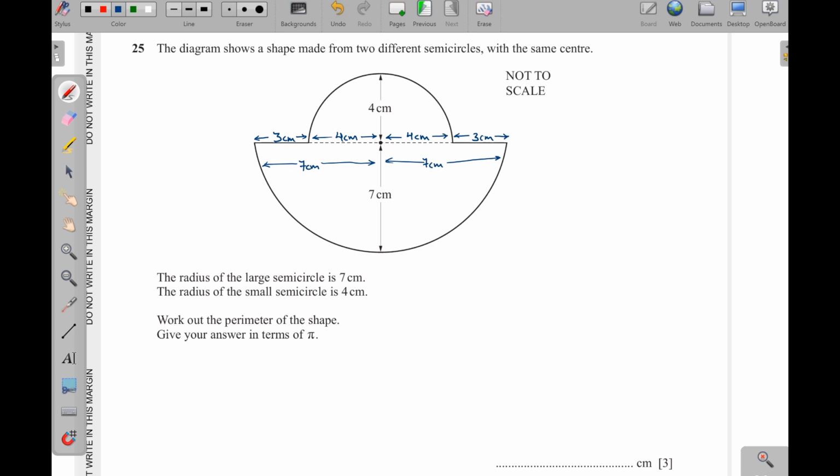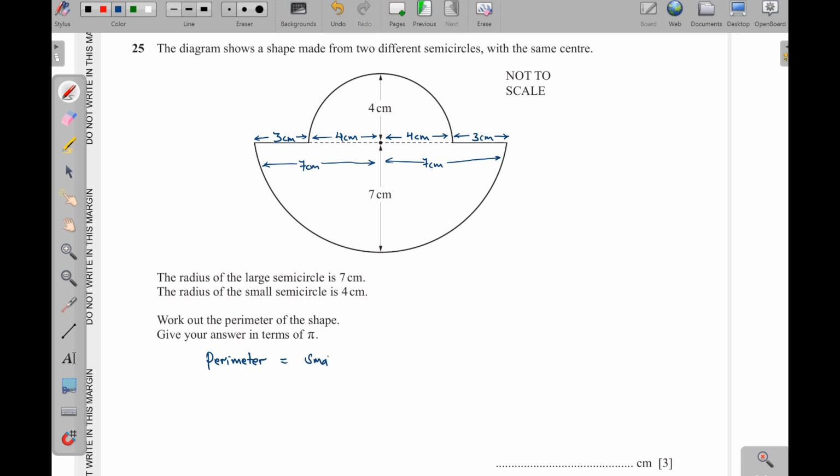So what else do we have? They said work out the perimeter of the shape, give your answer in terms of pi. So perimeter here is going to be the sum of all lengths around the shape. Okay, perimeter is equal to, we can see the length of this arc here.